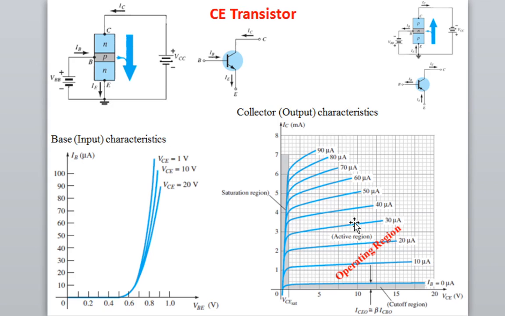The transistor should not go into the cutoff region or the saturation region. If the transistor goes into the cutoff region, your amplification will be destroyed. If the transistor goes into the saturation region, again your amplification will be destroyed, meaning your transistor cannot be used as an amplifier.